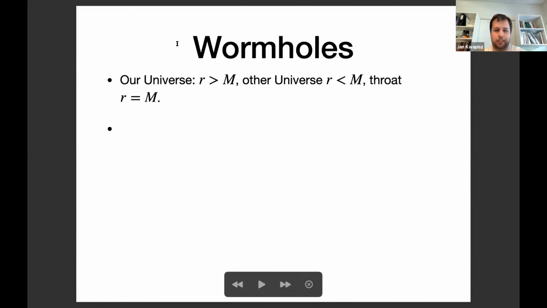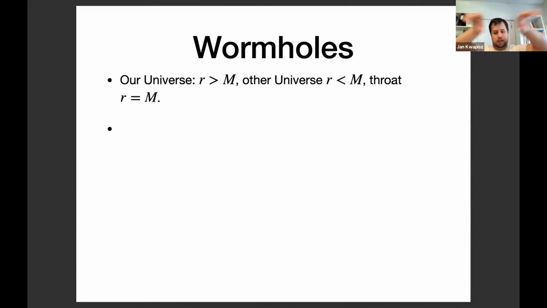Finally, let me mention wormholes. Wormholes are a similar solution to a black hole, only that up to this ring, we call it our universe. This is a throat, and this thing inside we call the other universe. So we have this wormhole thingy that connects different patches of our universe.